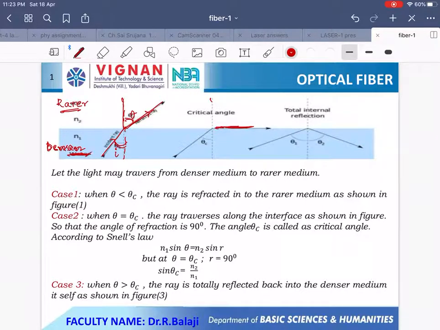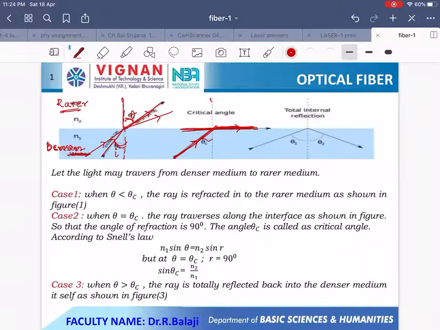Suppose you increase this incident angle, then the refracted angle also increases. At a particular incident angle, the refracted ray grazes or touches the interface of denser media and rarer media.